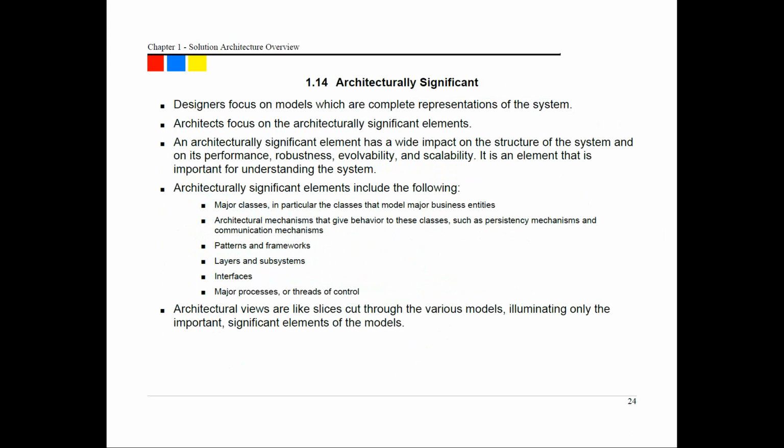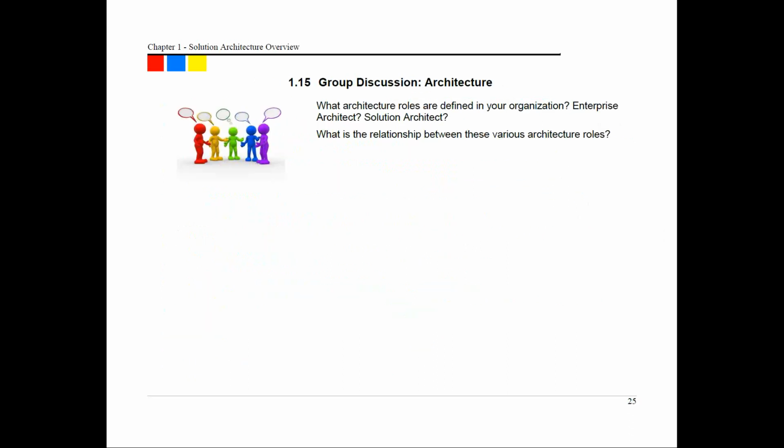Architectural views are kind of like slices cut through the various models, illuminating only the important significant elements of the models. And again, to illuminate what a view is, and what the difference is between a model and a view, go back to my office layout example. There'll be different drawings generated for where the pipes and the heating ducts go versus where the electrical conduits go.